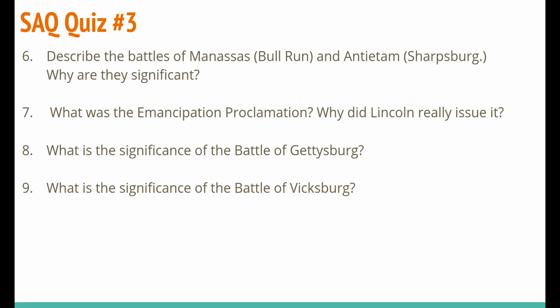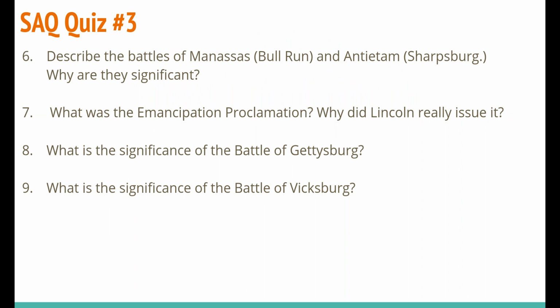So describe the battles of Manassas and Antietam. Why are they significant? So at Manassas, the Confederates drove back the Union, right? It demonstrated to the South that they could handle the North, maybe made them a little overconfident, and ultimately caused them to spread themselves too thin, right? It was the first major battle, and it showed the North that they're going to have to actually compete in this.